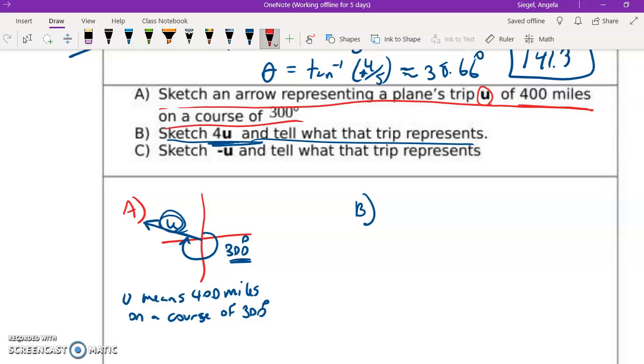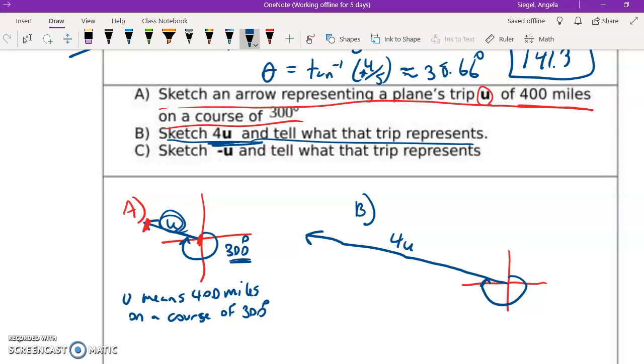Okay, so I'm going to attempt to draw this again. I'm going to give myself some more space. Okay, so think about this. I'm going to go 4 times that. So there's 1, 2, 3, 4. Oh, that looks hideous. So this is 4u.